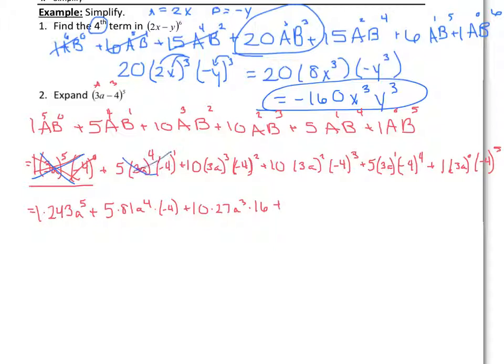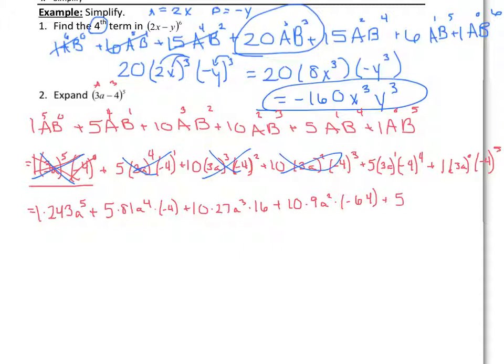So I did these two terms. 10. 3 squared would be 9. A squared is a squared. And then negative 4 to the 3rd would be a negative 64, plus, so I did that term.